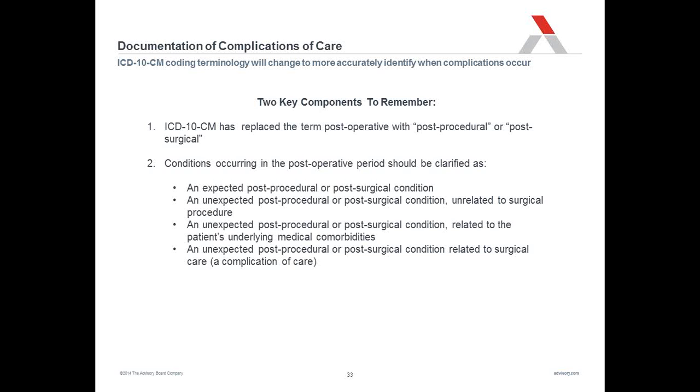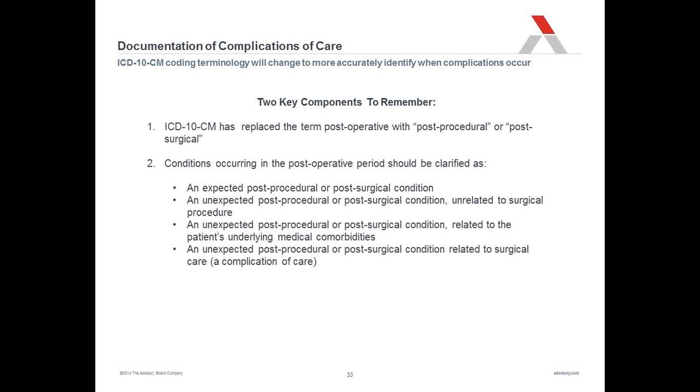ICD-10-CM coding terminology is going to change to more accurately identify when complications occur. ICD-10-CM really has now started utilizing the term post-procedural or post-surgical to reflect anything that occurs in the post-operative period.